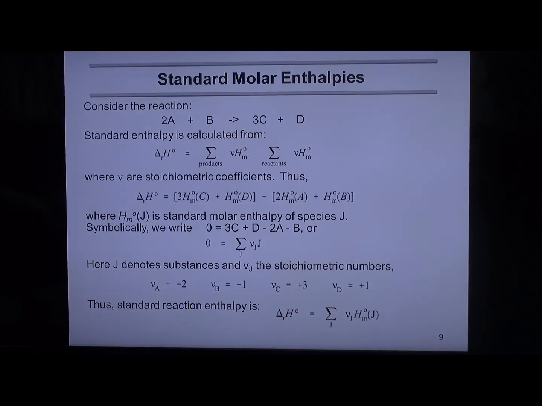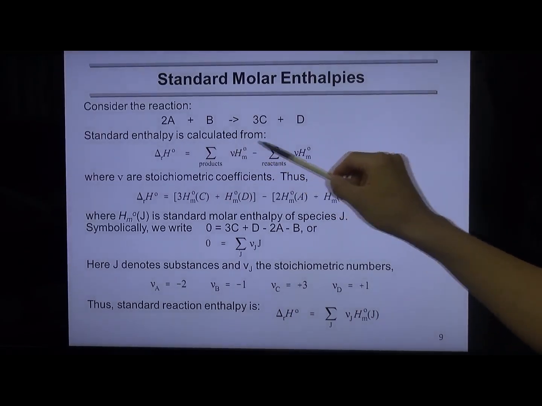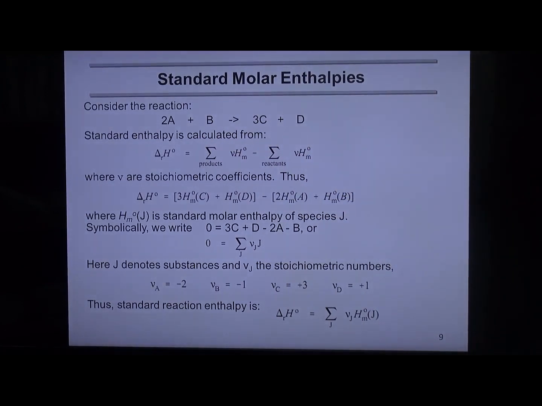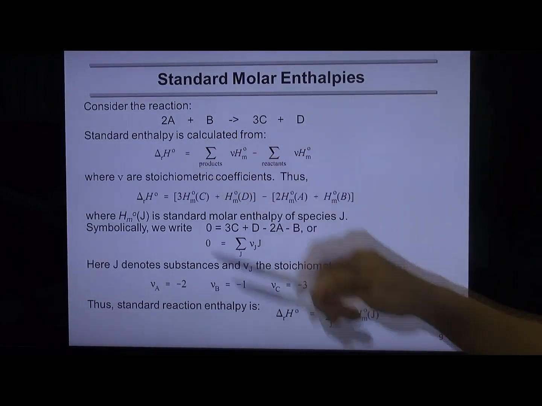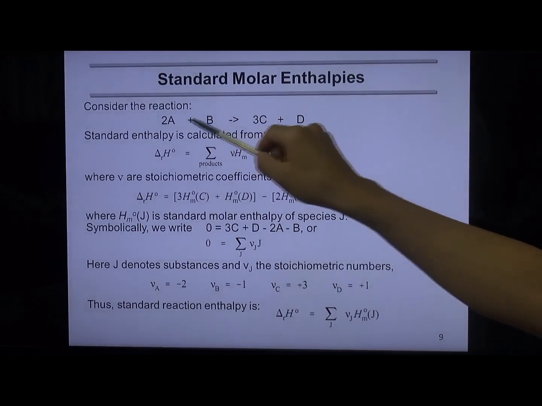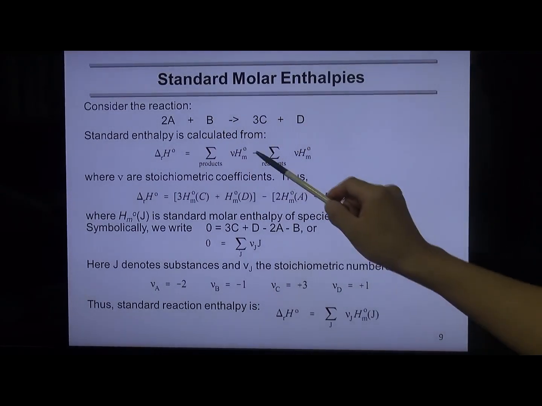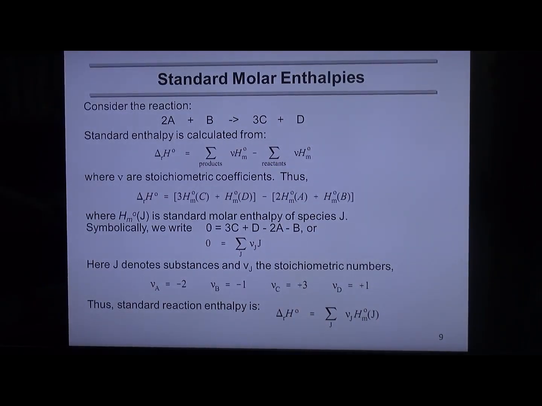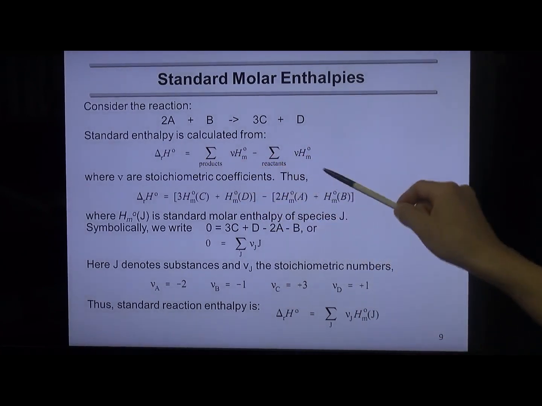All we need to know is the molar enthalpy of each of these species, because enthalpy is a state function, right? Since enthalpy is a state function, all we need to know is the enthalpy of reactants and products. So if we know the enthalpy of A, B, C, and D, which is denoted as this molar enthalpy, then we can simply calculate the standard reaction enthalpy using this quantification.